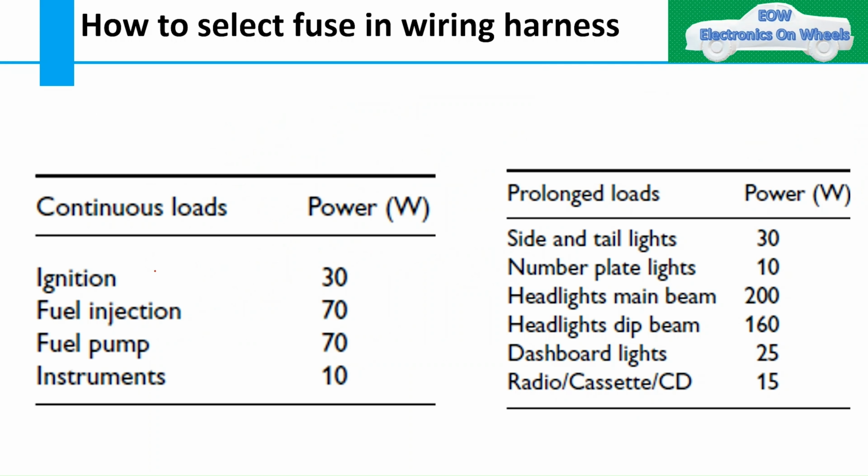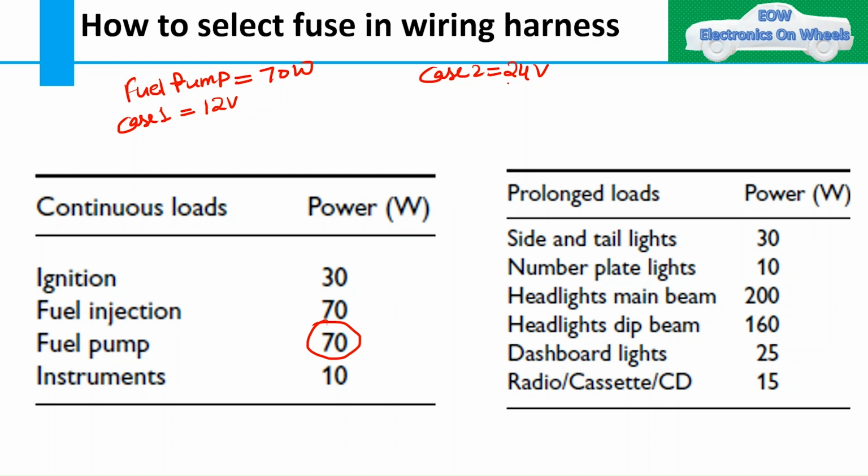You have some continuous current, suppose the fuel pump. This is the power, always you get the power of that particular system. For the fuel pump we got the requirement of 70 watt. In this you can have two cases, right? First case, you are working on 12 volt, and second case, you are working on 24 volt.